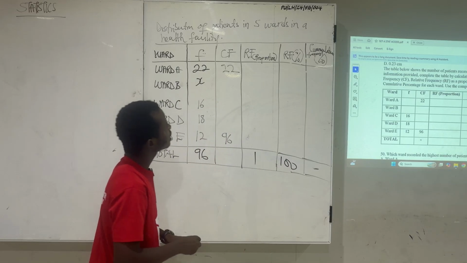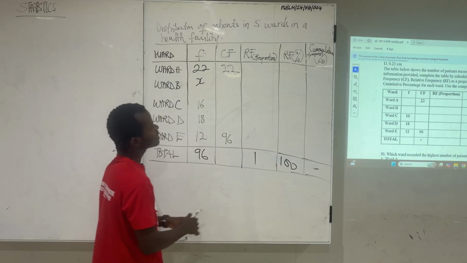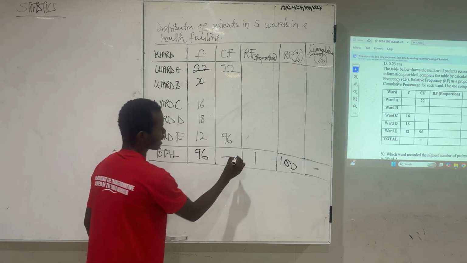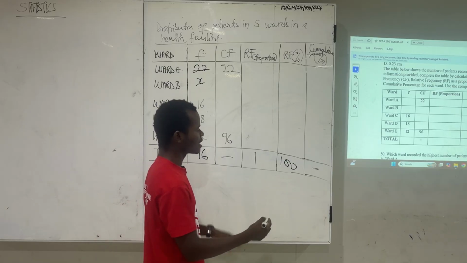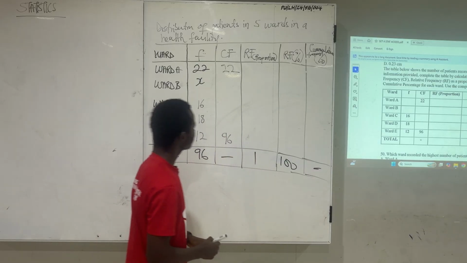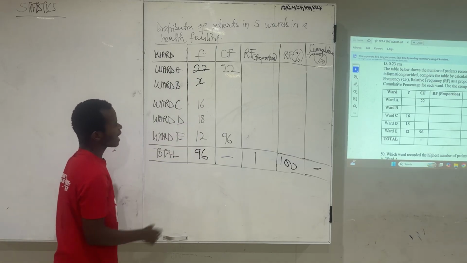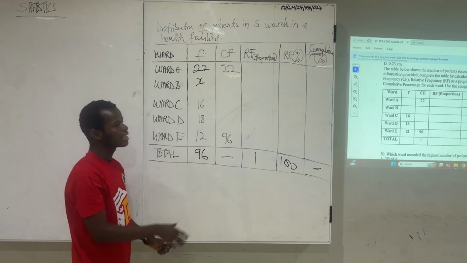But we don't have totals for cumulative frequencies. Hence, the total for cumulative frequency will be a dash, and the total for the cumulative frequency in percentage will be a dash. All right, from here, we can calculate for x by summing up all the frequencies and equating it to the total here.